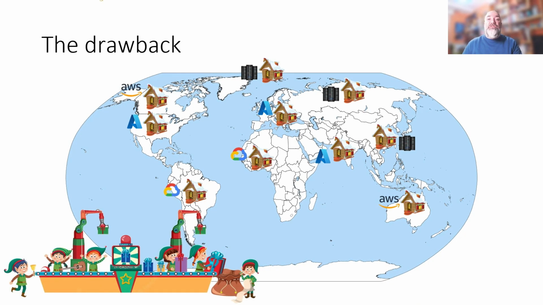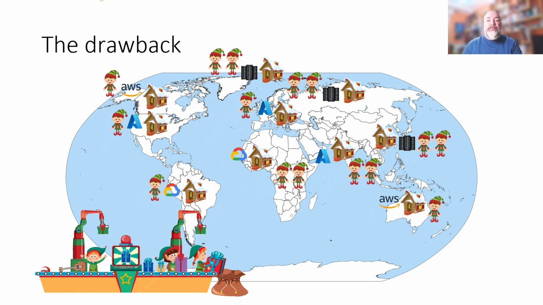Unfortunately, such a heterogeneous environment in terms of infrastructure and software stack has a drawback. To manage all these different data centers with so many different tools, he had to move a lot of elves from the assembly line to the IT department.